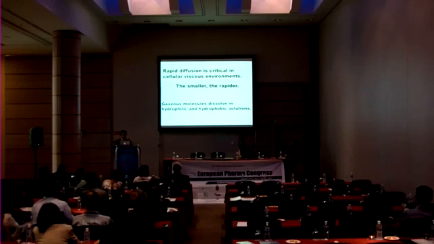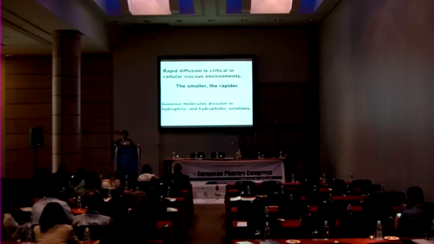A good characteristic of hydrogen is that it is so small that it penetrates biomembranes to reach various regions inside cells. Rapid diffusion is critical in the cellular viscous environment. Moreover, gas molecules dissolve in hydrophilic and hydrophobic solutions.